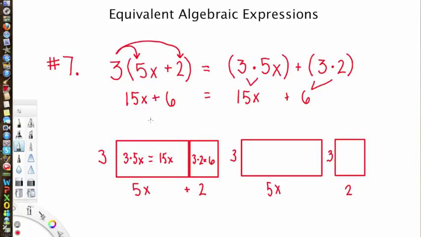Over here, we have the area of 15x plus 6 units. Over here, we have two rectangles. We have a 3 by 5x rectangle, which will be 15x. And then this rectangle over here is a 3 by 2 rectangle, which will also be 6.